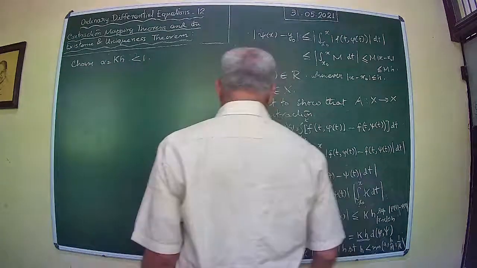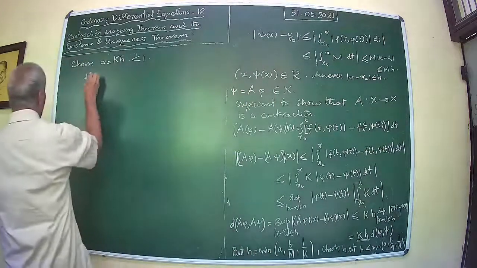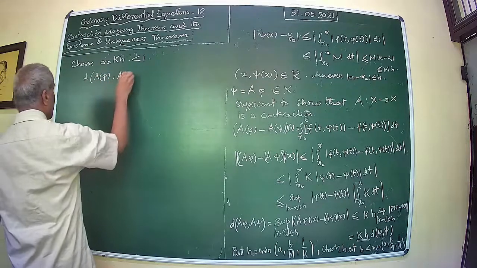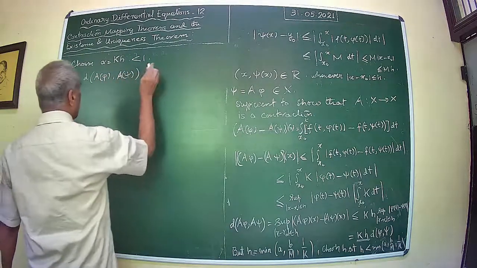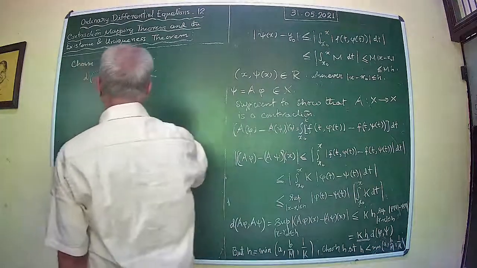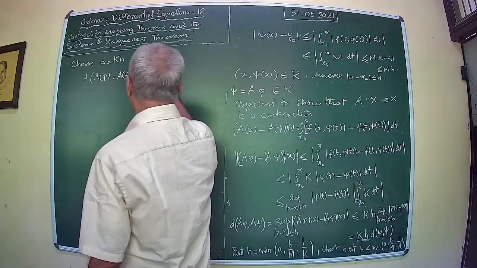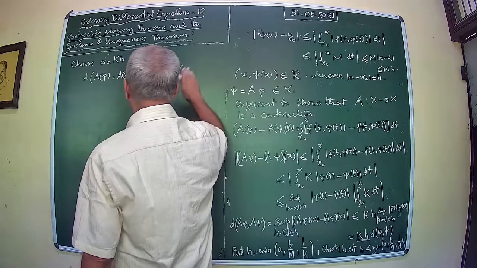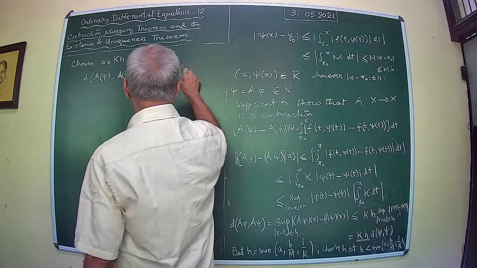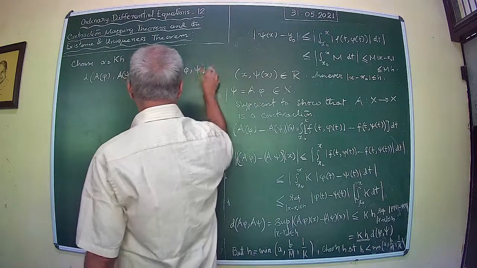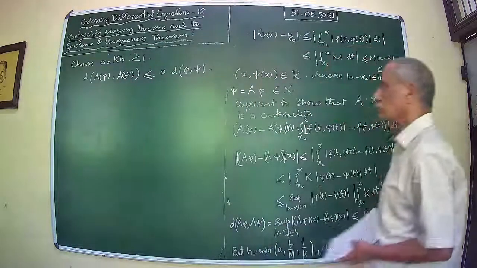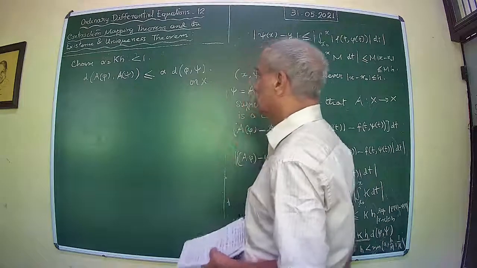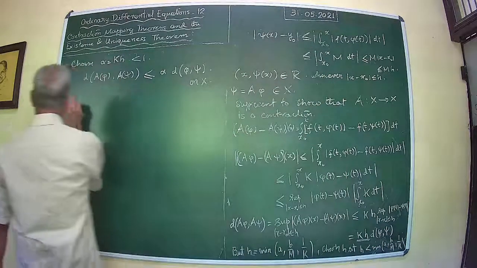Then what do you get? Then you have d of A phi and A psi is less than or equal to alpha times d of phi and psi. Therefore A is a contraction.